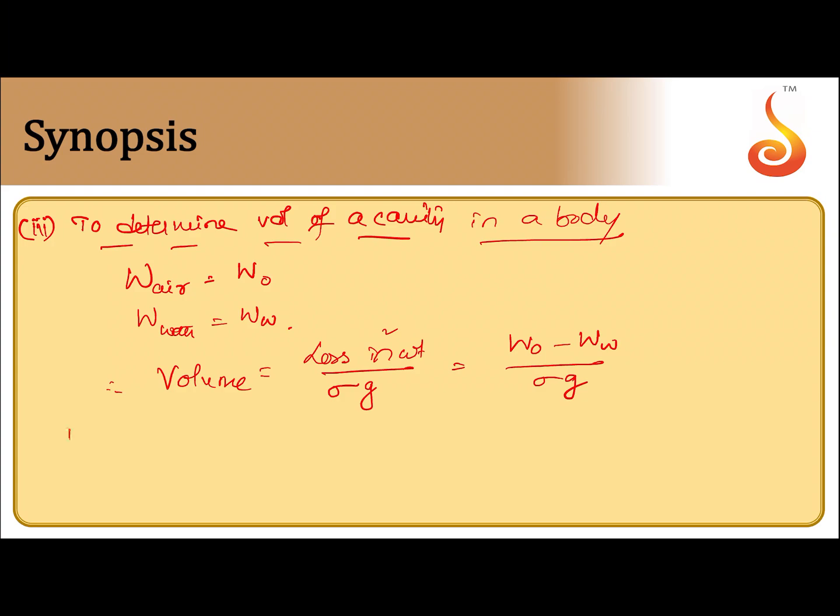While the volume of material of the body is equal to V naught, which is nothing but the mass of the body in air divided by the density of the material.